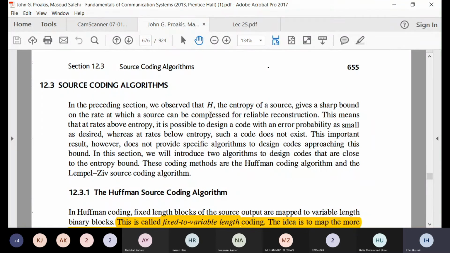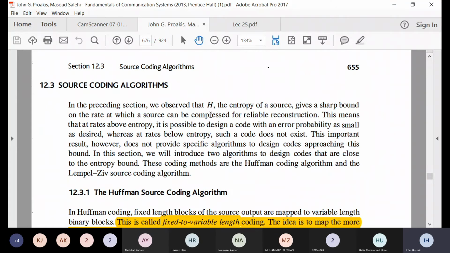So how can we achieve an algorithm that can source code the alphabets with the given entropy of the source? There are two algorithms, Huffman and Lempel-Ziv.